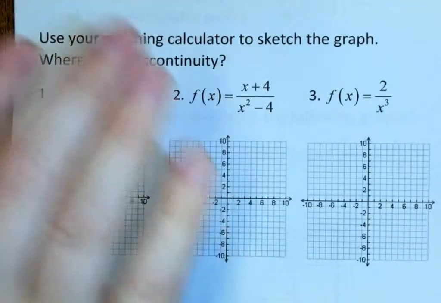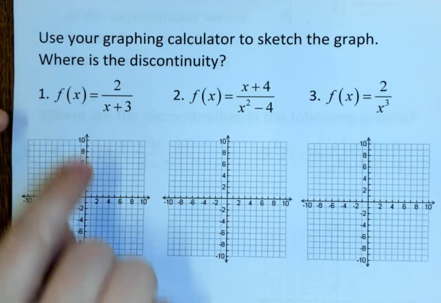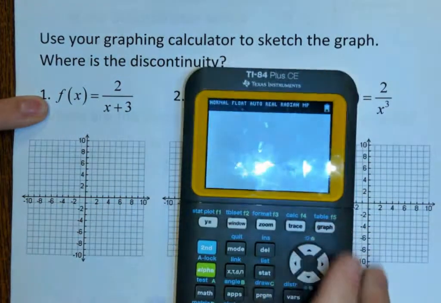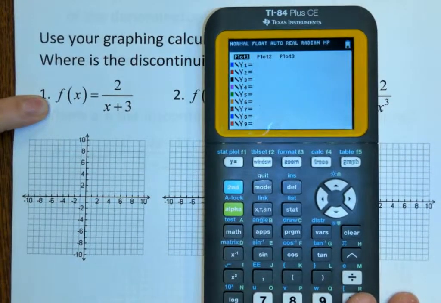So this here is the only time we're going to be using our calculators today, just to get you to have an idea of what is going on here. All I want you to do is go to your y equals and type in the equation.